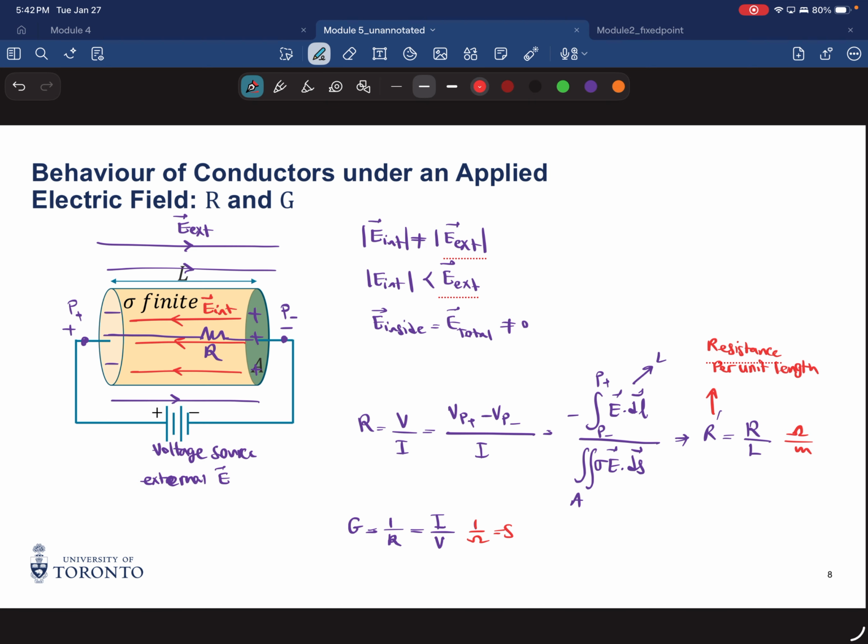And then equivalently, you can say conductance per meter, or conductance per unit length, and that's G over L. What I want you to remember is that G prime and R prime are not opposite of each other, are not reverse of each other. Per unit length. And that's Siemens per meter.